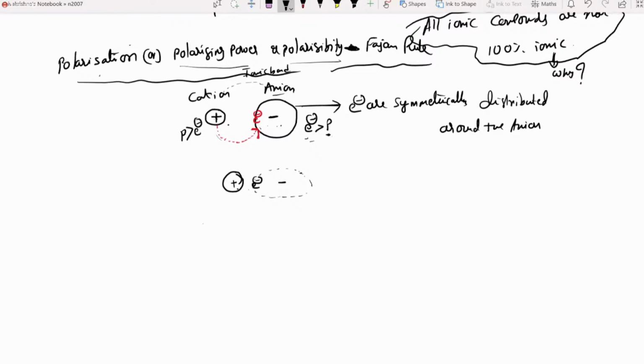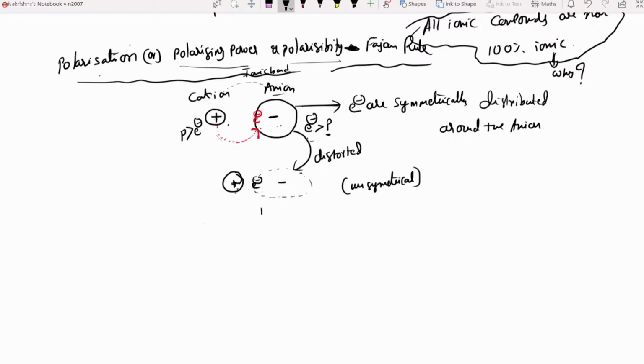But due to attraction my anion gets distorted. Distorted means their symmetrical nature becomes unsymmetrical. Unsymmetrical means electron density is not distributed equally. It is coming towards the positive charge, but not completely to the positive charge.